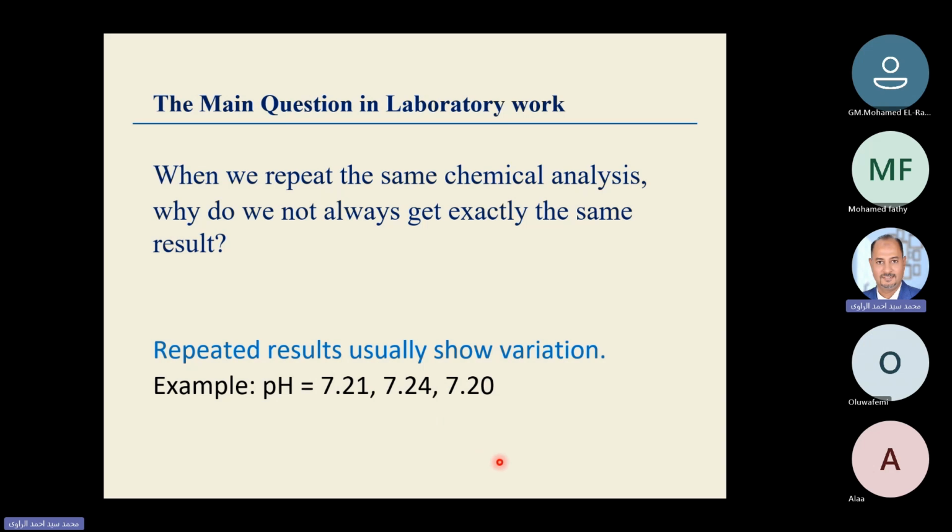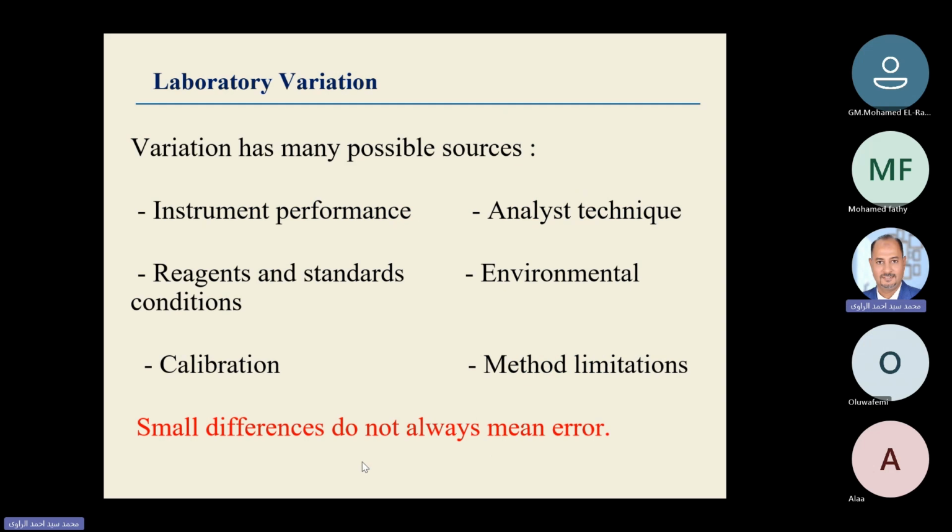Variation, of course, has many possible sources in the lab. Sometimes it comes from the instrument performance or analyst technique, or the reagents and standard conditions, if they are expired or have some issue.